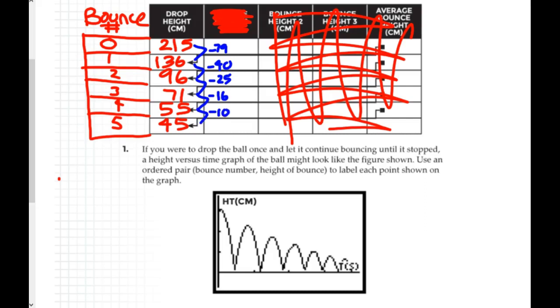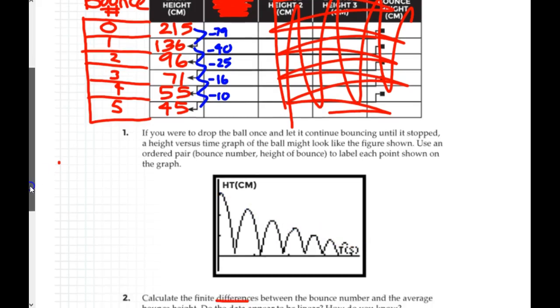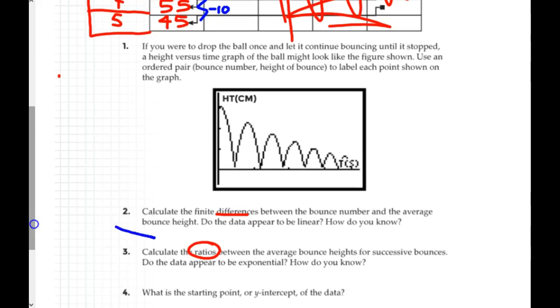Now, obviously they're not all the same, but the question is, are they about staying in the same ballpark? And I would say no. From 79, that's close to 80, down to 40, that's halfway, and then down to 25, that's decreasing by such a big amount that I could not call that linear. And when we look at this picture, this is not linear because it has to curve down. So the differences, we calculated them in blue up here.